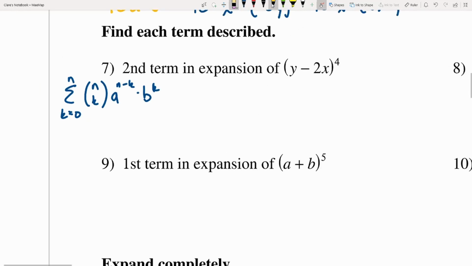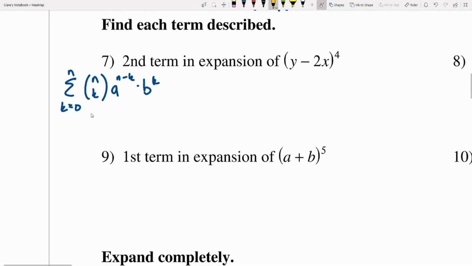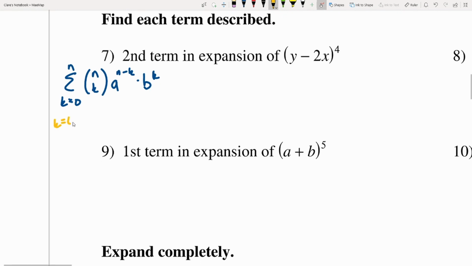Now going to a second term, remember k equals 0 will be the first term, so k equals 1 will be our second term. So plugging in a k value of 1, we get n, which in this problem is 4. So 4 choose 1 times a to the 4 minus 1 times b to the 1, or b to the first.